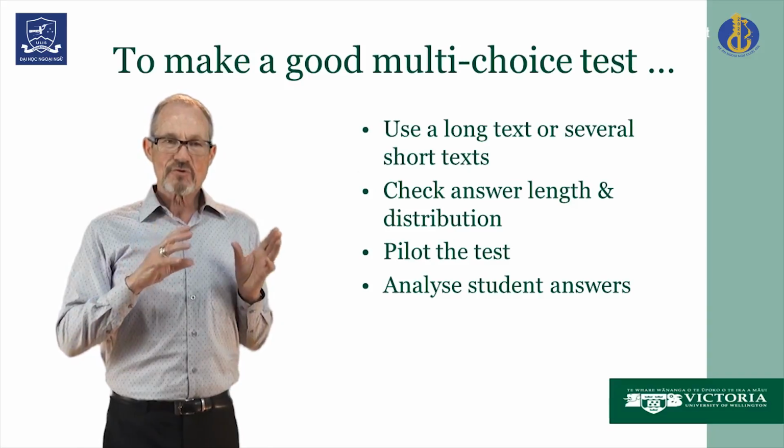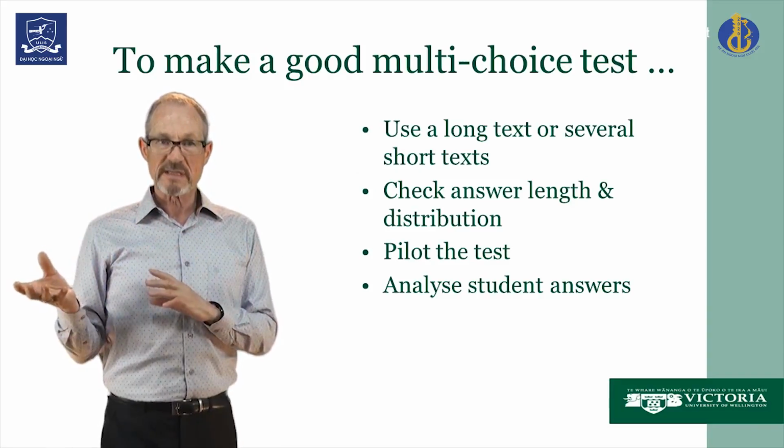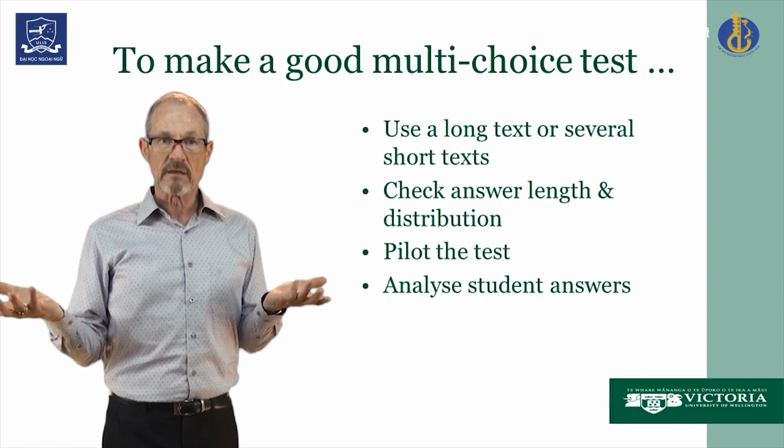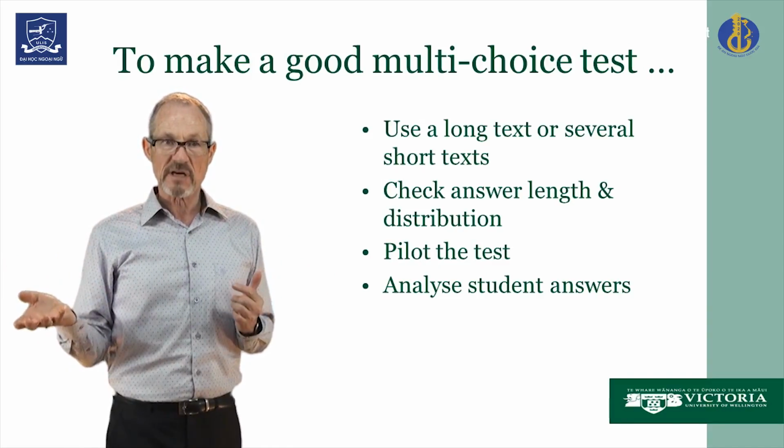So the fourth thing to do to make a good multi-choice test is to analyse the student answers. You should do this whether you are going to use the test again or not. Clearly, if you're going to use the test again, you want to try and improve it each time.